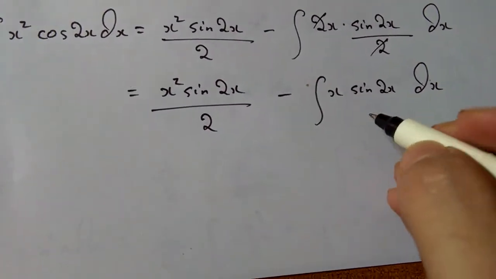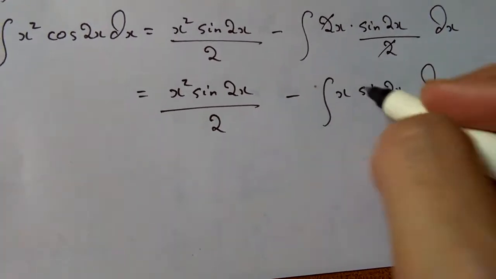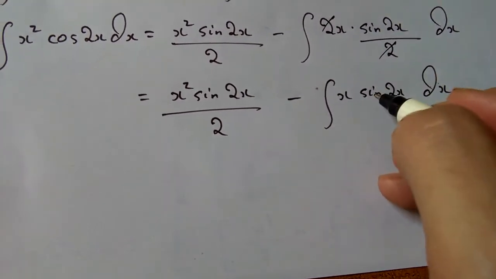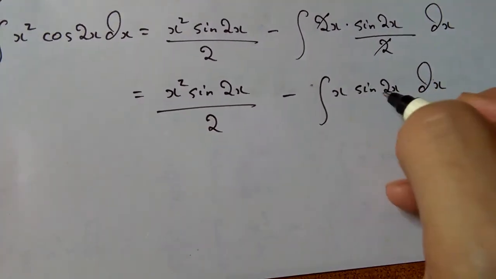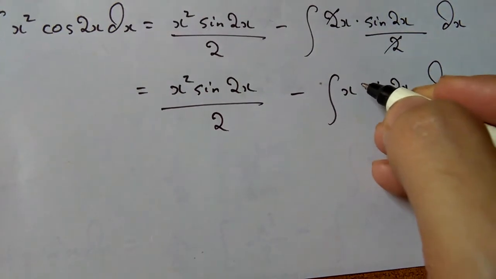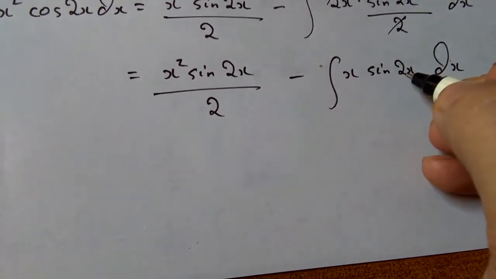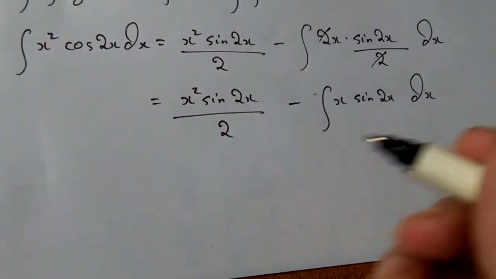Now still in the integrand of this integral, you can see that you are having two functions. One is the polynomial, another one is the trigonometric. So now take the polynomial part once again as your f of x, and sine 2x is going to be taken as your g of x. Once again apply the by parts.